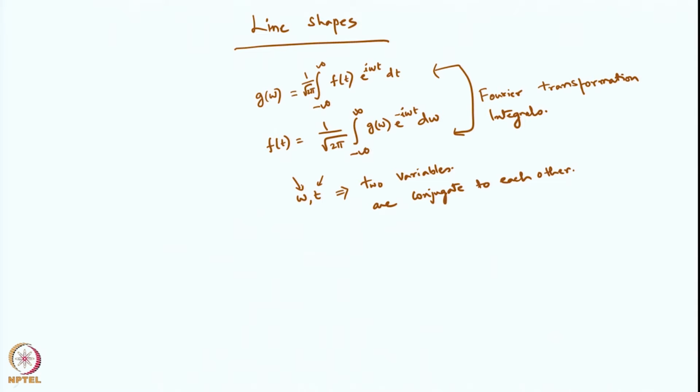Now, one can also write this in a slightly different way. g of nu is equal to 1 over 2 pi integral f of t e to the power of i, now you know omega is equal to 2 pi nu, so 2 pi nu t dt. All I am saying is that instead of using the angular frequency, I could use a linear frequency.